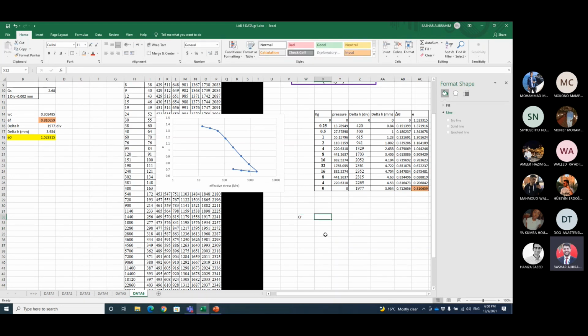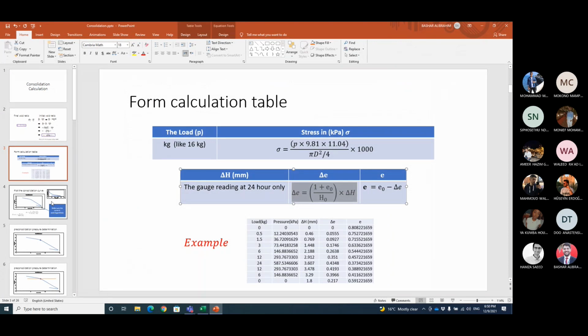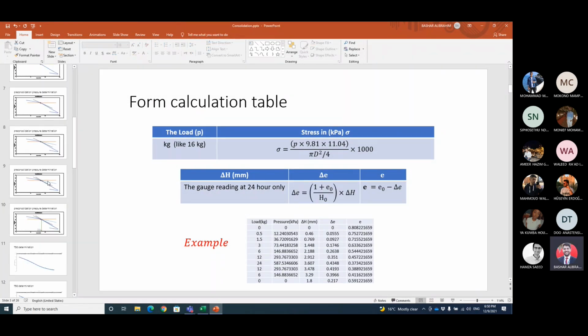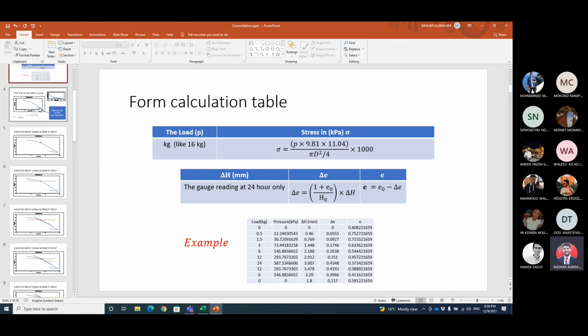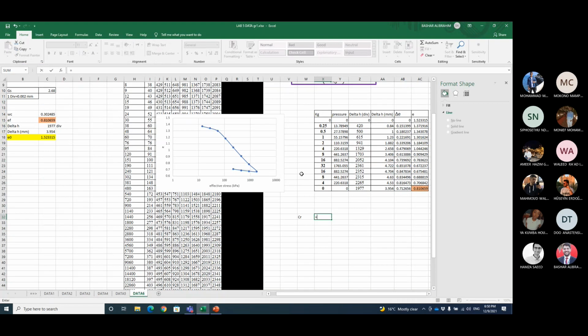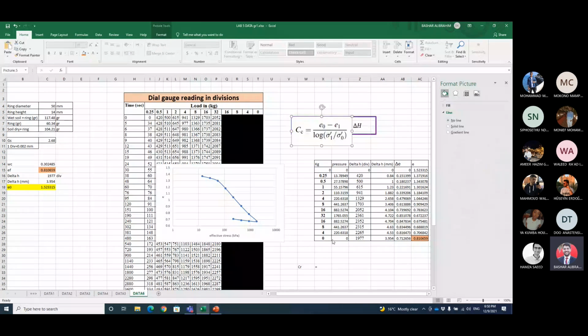So CR will be, let me show you the formula. I think we didn't put the formula for CR. Yes. So CR or CC, it is E0 divided by this log, okay? So let me put it here. So CR equal to E0.